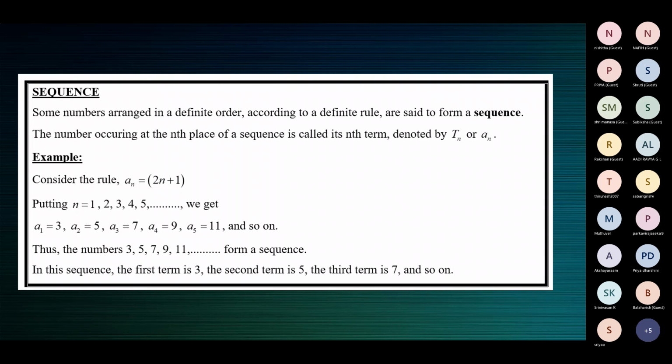What is a sequence? Some numbers arranged in a definite order according to a definite rule. So they are the keywords: definite order, definite rule. Some numbers arranged in some specific order following a definite rule, some specific rule.